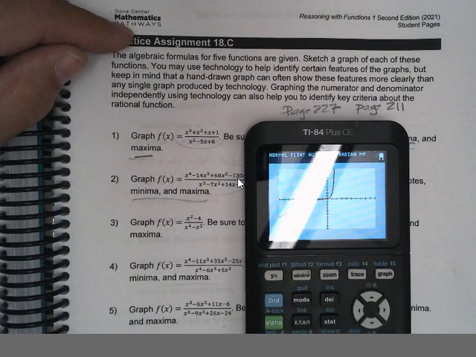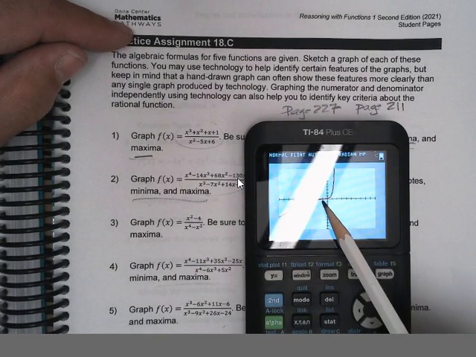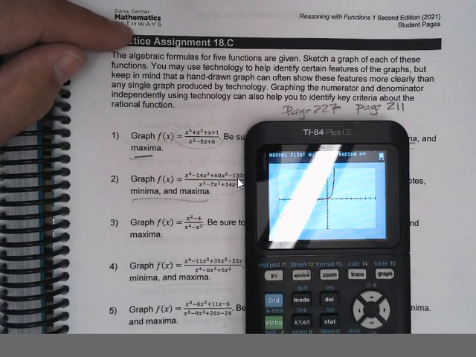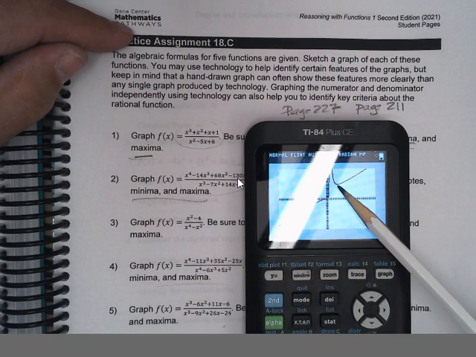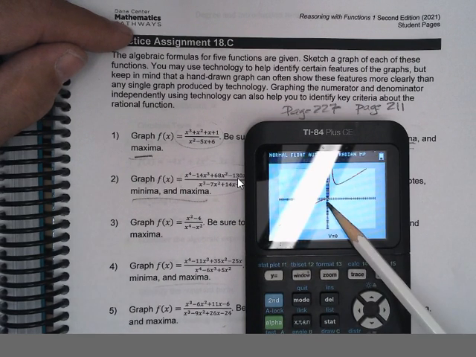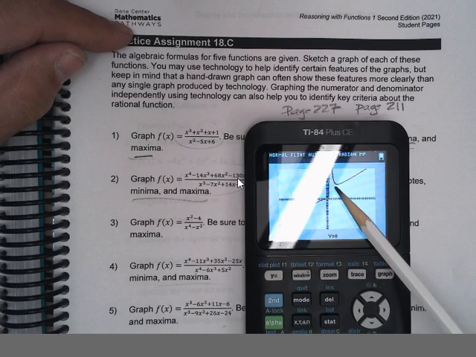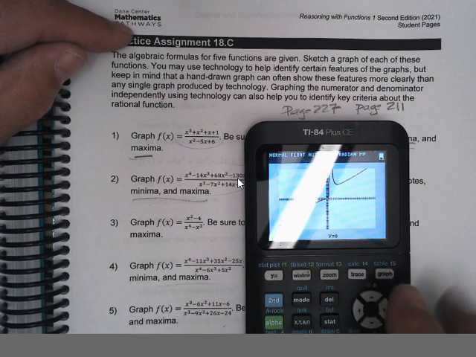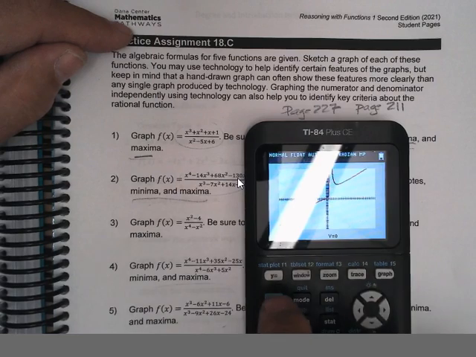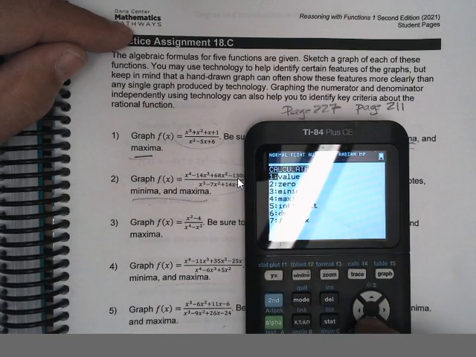It has that slant asymptote, and it's doing some wiggling around there. And if we zoom out, just in case there's something further out. Okay, so we have a minimum there, and we have stuff going on there. We'll get that minimum first of all. So second, calculate that minimum.